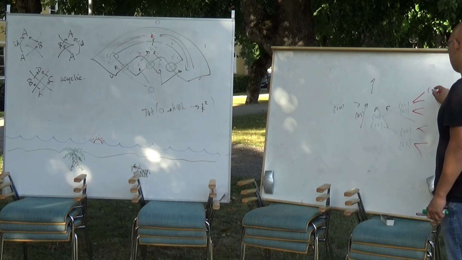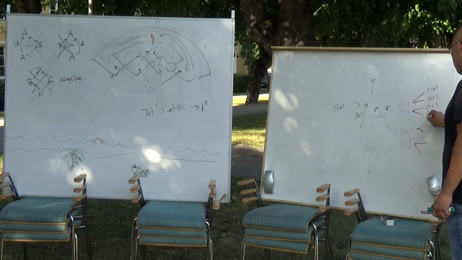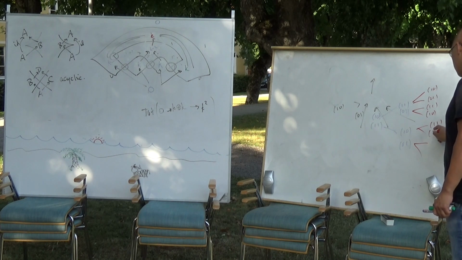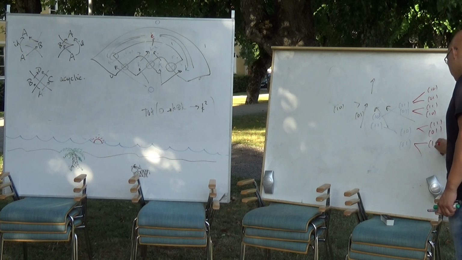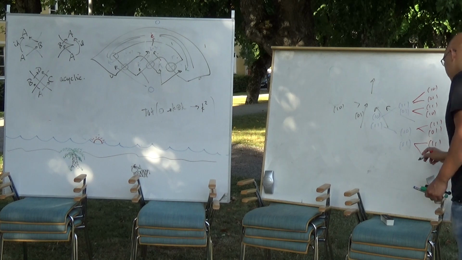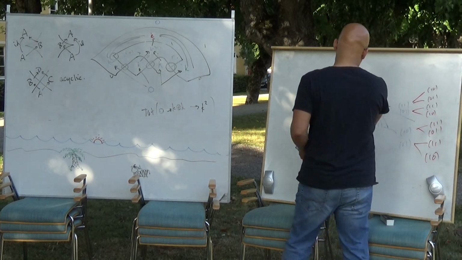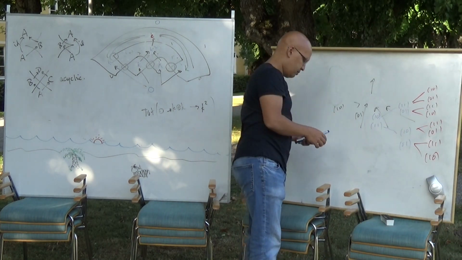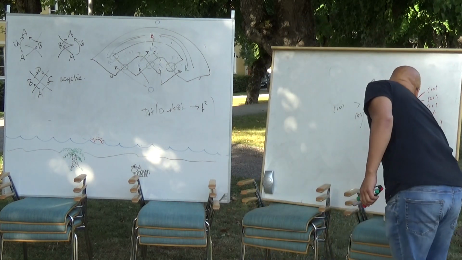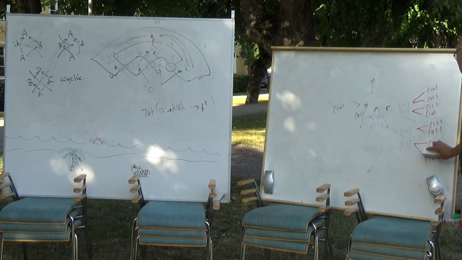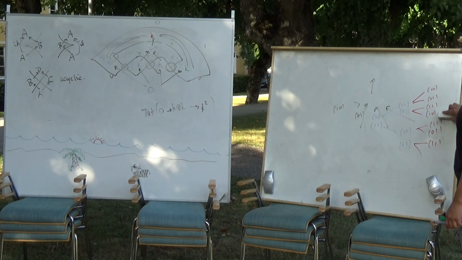So maybe the kernel is 1, 0, maybe it's 0, 1, here maybe it's 1, 1, maybe it's 1, 0, here maybe it's 1, 1, or 0, 1, and here maybe it's 1, 1, or 1, 0. But it's also not supposed to be the same as this. So I should cross out whichever ones turned out to be the same.